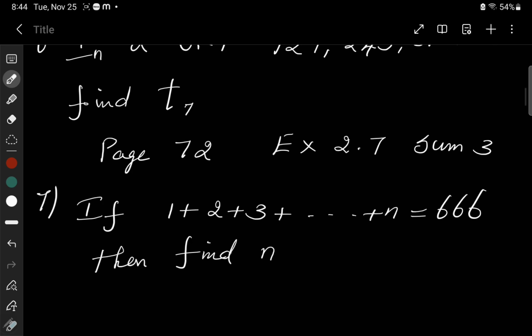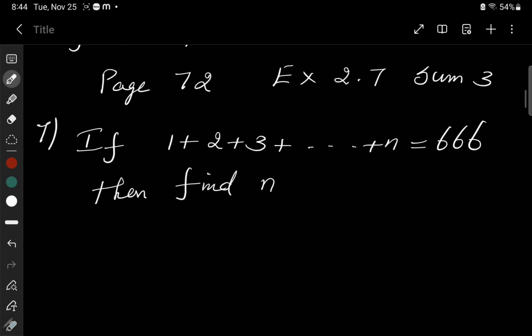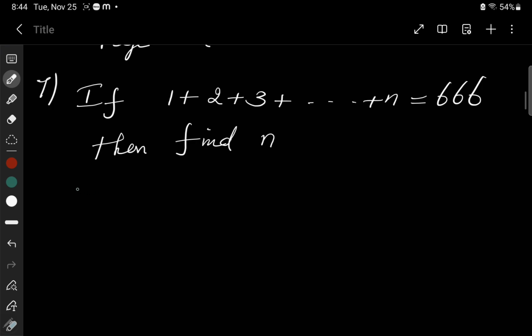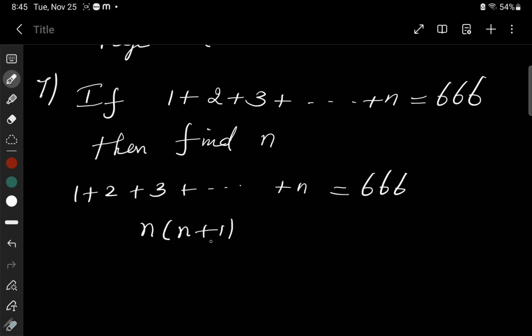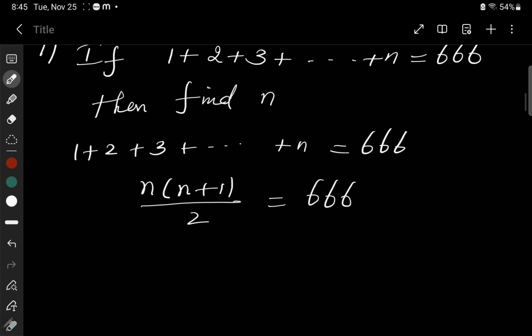See the seventh sum. If 1 plus 2 plus 3 plus up to n is equal to 666, then find n. So the series is 1 plus 2 plus 3 up to n, equal to 666. This is the sum of n natural numbers, n into n plus 1 by 2 is equal to 666.